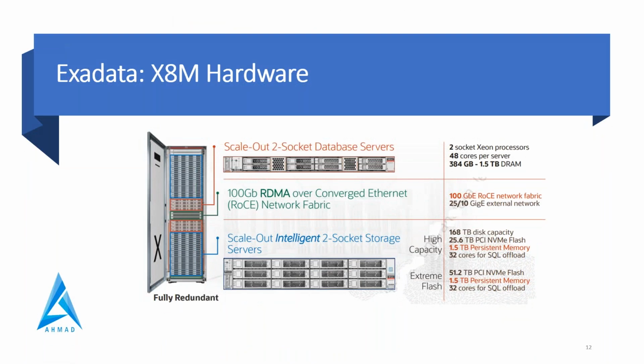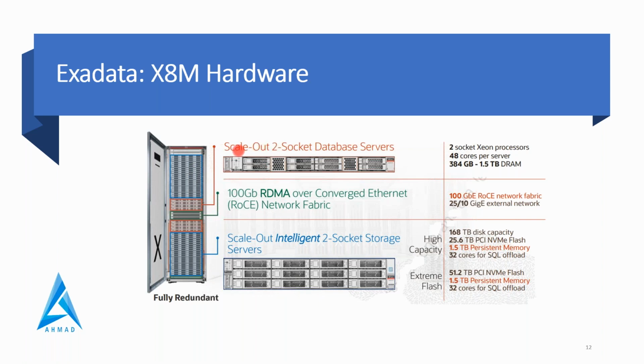Now this is X8M hardware, which is the current one, and I think nobody is covering this right now. So that's why I have chosen this X8M hardware. If you go into this, this is Oracle Exadata Database Machine, and it consists of database server, storage server, and the network.